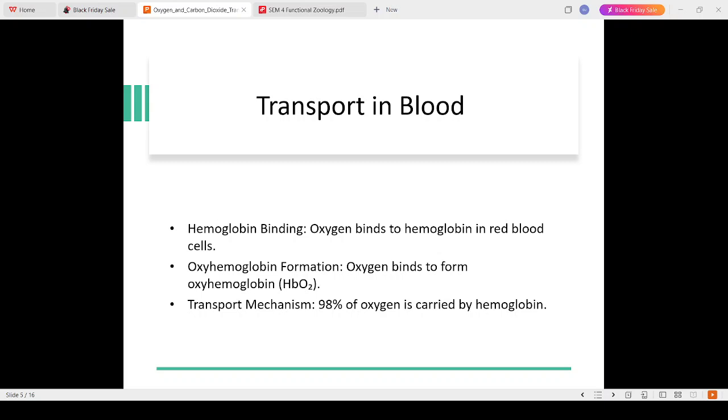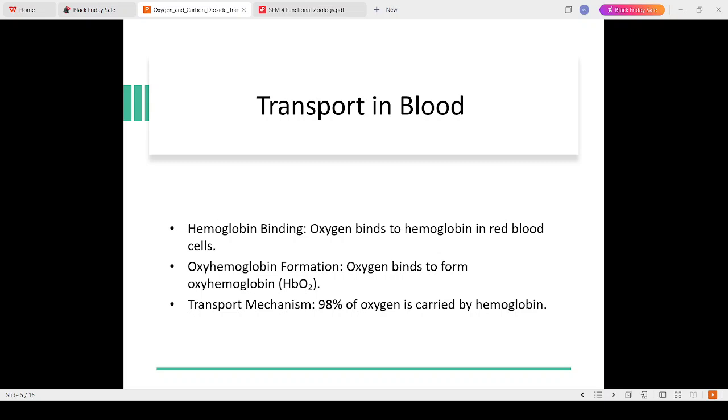Here you can see this one. This is how the oxyhemoglobin will be looking.